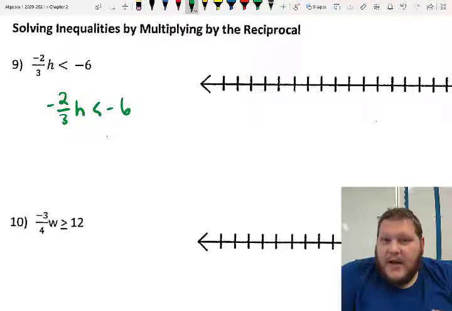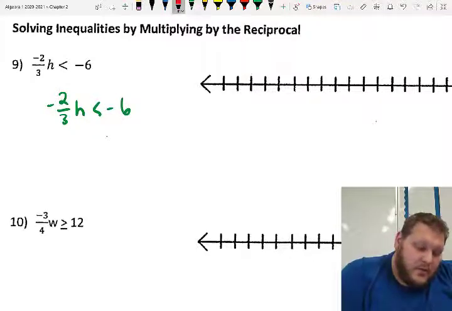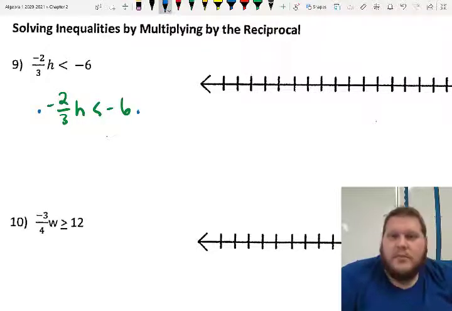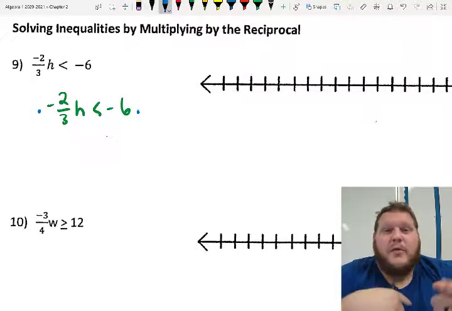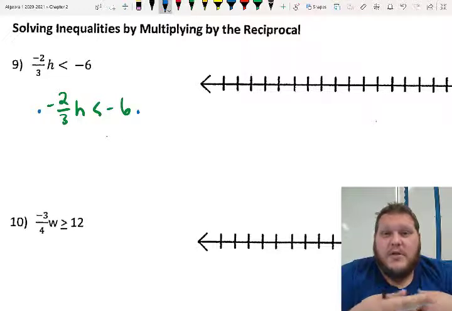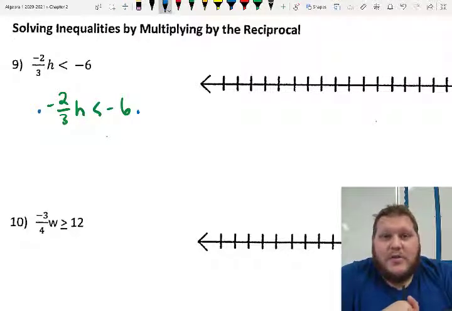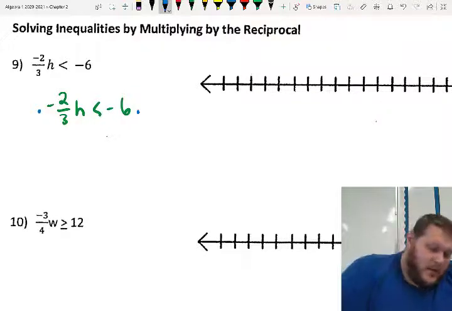Instead of dividing by that fraction, what we can do is multiply both sides by the reciprocal. So again, reciprocal just means we're flipping that fraction over. So here, what we'd have to do is multiply both sides by a negative 3/2, right? It's negative 2 over 3 right now, so what we want to multiply by was positive 3 over negative 2.